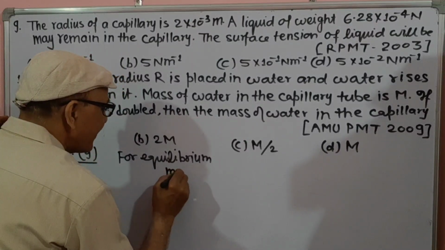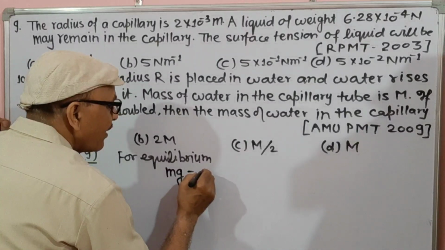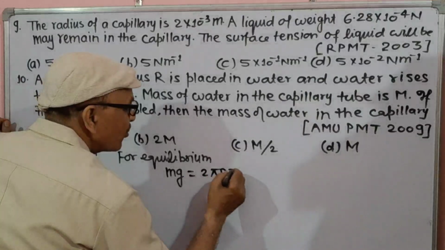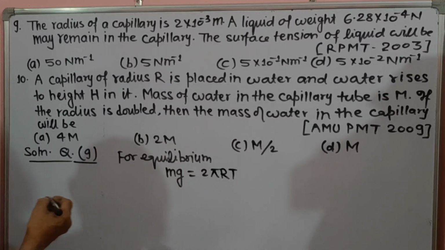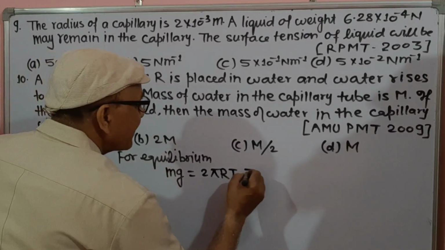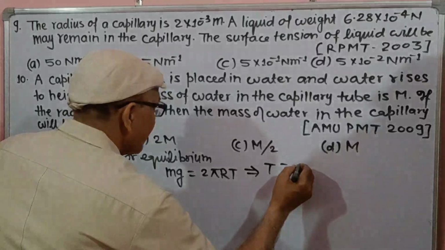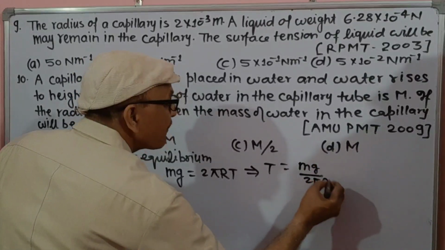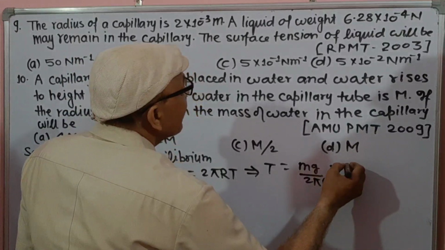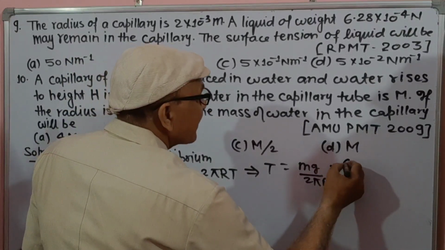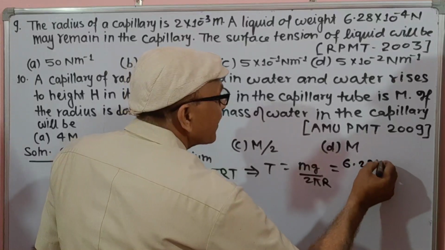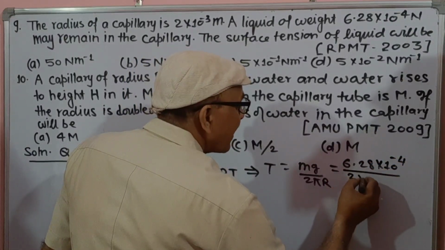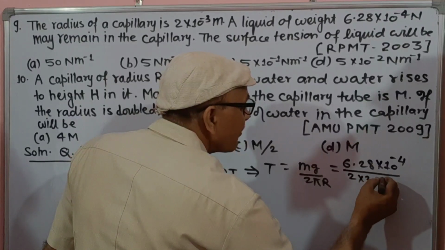Therefore, downward weight mg will be equal to total upward force 2 pi r into T, which gives T as mg upon 2 pi r. mg is given to be 6.28 into 10 to the minus 4 upon 2 pi, may be written as 3.14.